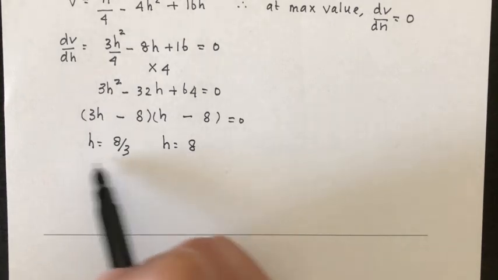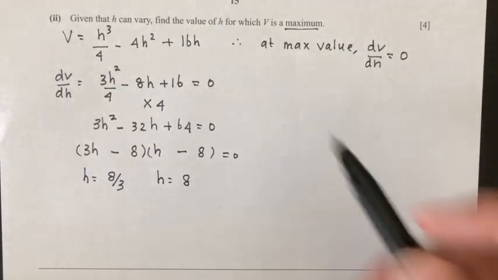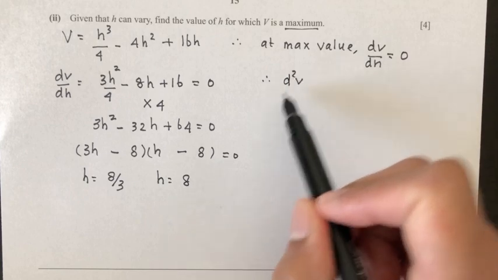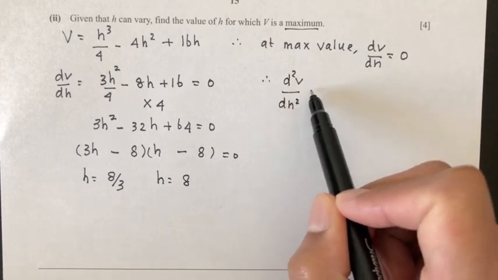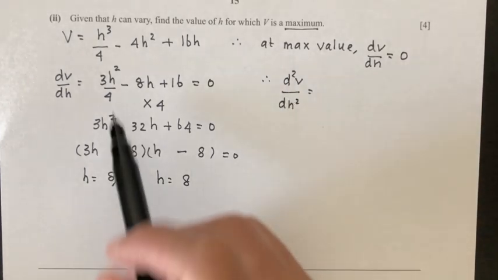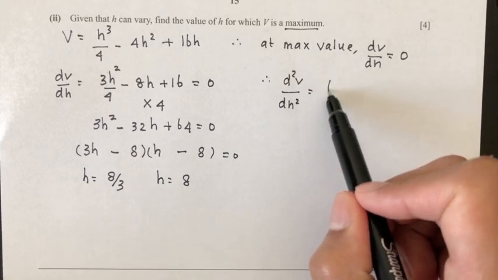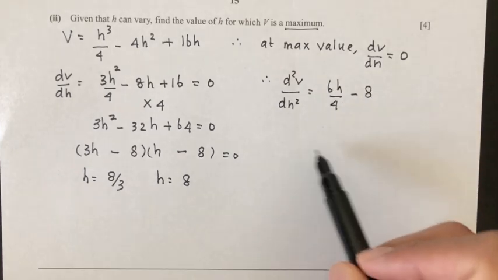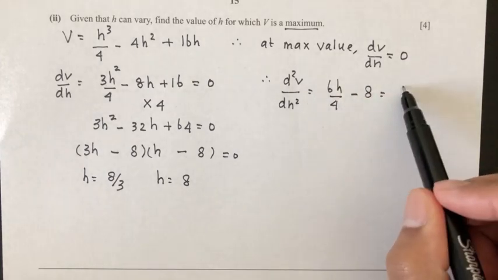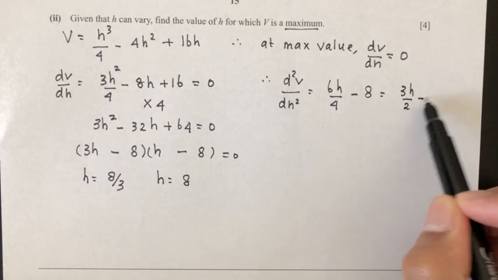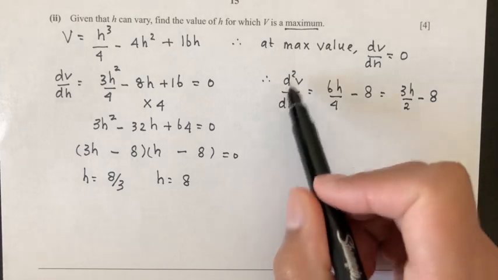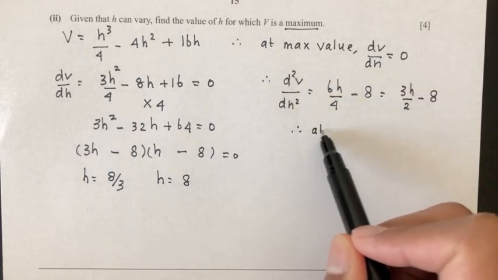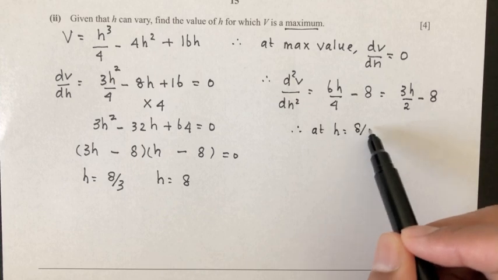Now we have to choose for which one we get the maximum value. To find max or minimum value, we have to find d2V by dh2. That should give you what? Let's see. You will have 6h over 4 minus 8. Let's simplify. That will be 3h over 2 minus 8. Sorry, that will be this second derivative. Now we have to test at h equal to 8 over 3.